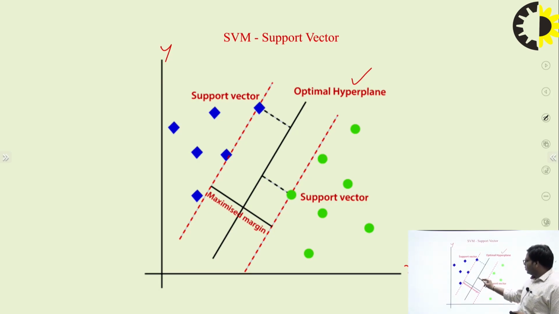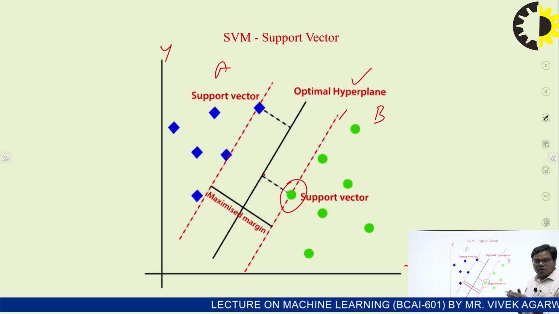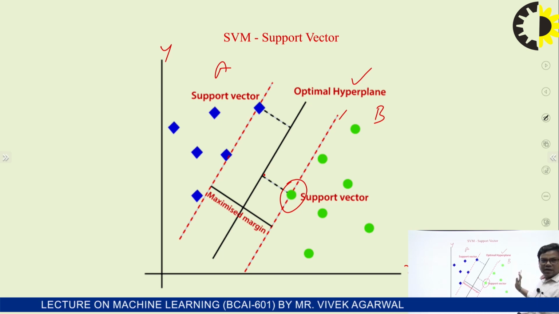Starting from this hyperplane, when we move towards class B, with class A on the other side, the very first point which intersects with a parallel imaginary line could be considered a support vector of class B. It could be a single point or multiple points as well. Collectively, these points are called the support vectors towards class B.